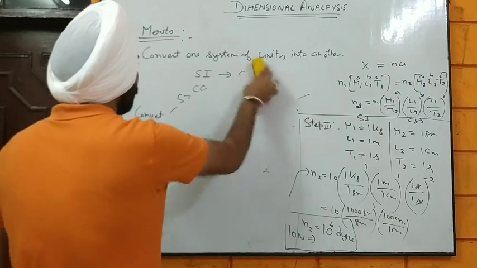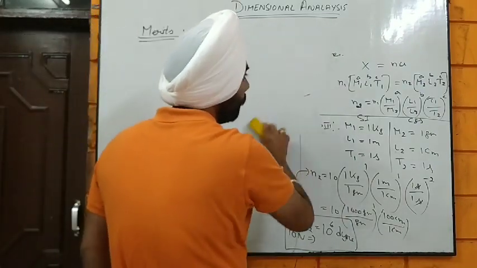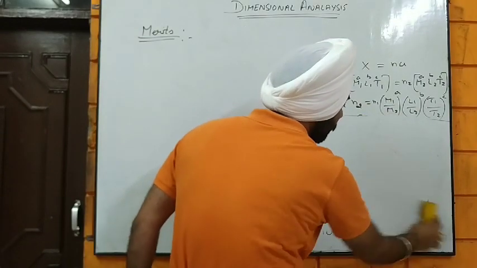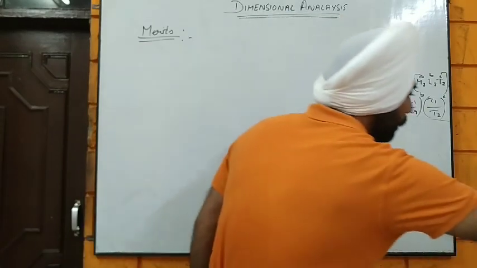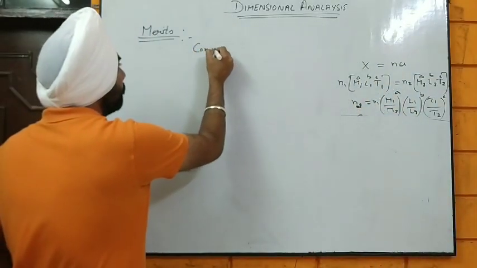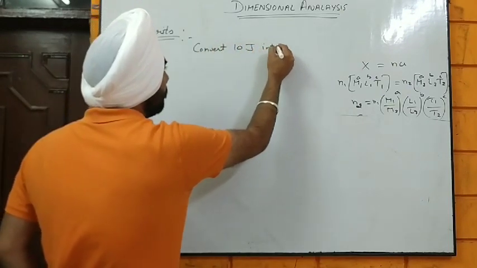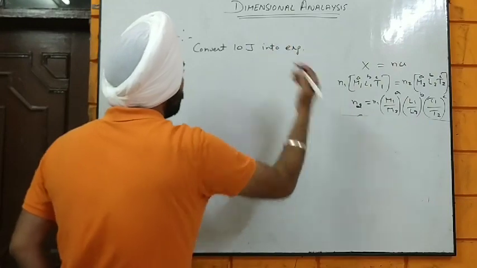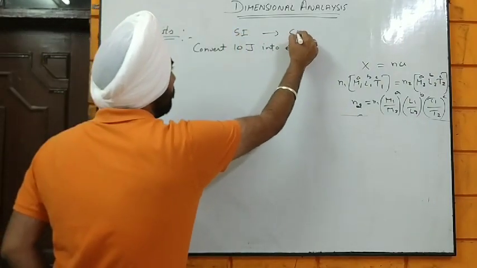So let's say we want to convert 10 joules into erg, which means we are going to convert SI into CGS.